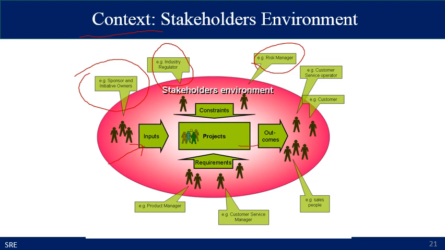The outputs of your projects are directly linked with the customers, customer service operators, and salespeople. You also have to analyze the output stakeholders. And there will be additional stakeholders managing the requirements: project managers, product managers, and customer service managers.